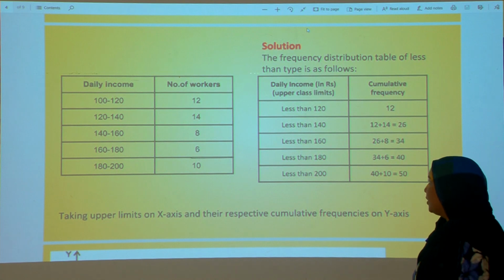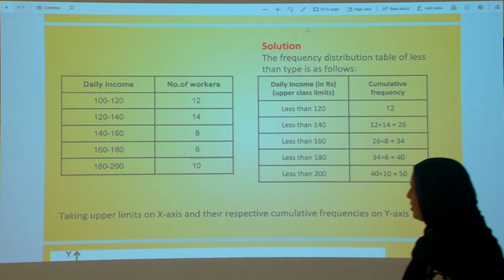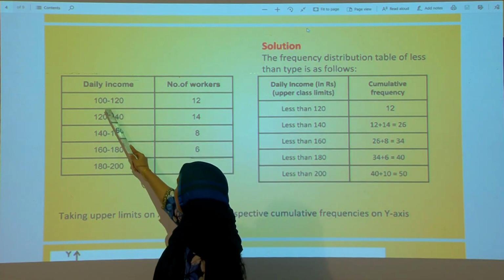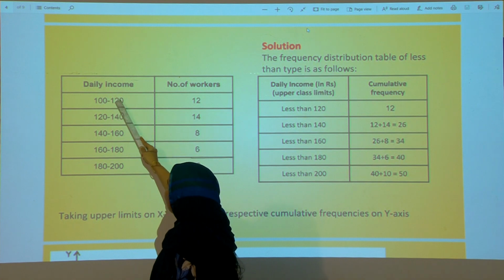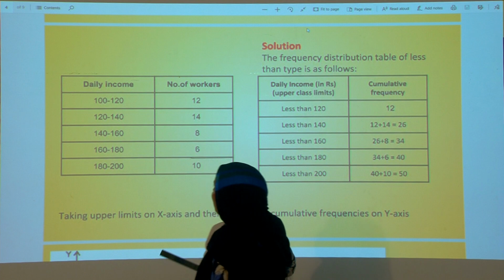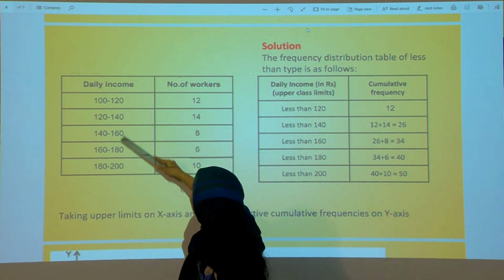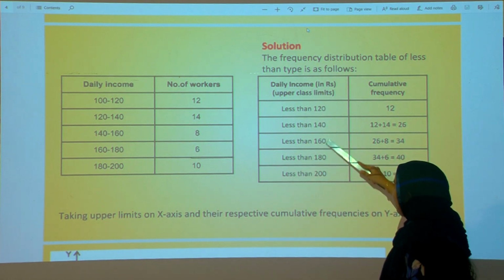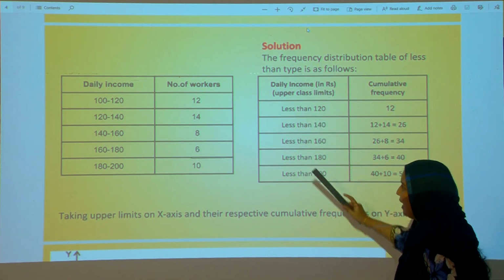I repeat, we want to find the upper limits. Upper limits means each is a class interval, and 120 is the upper limit of the first class, 140 is the upper limit of the second class. So let's form a column with these upper limits. Here we write the upper limits and we want to draw a less than type ogive. So we write less than.